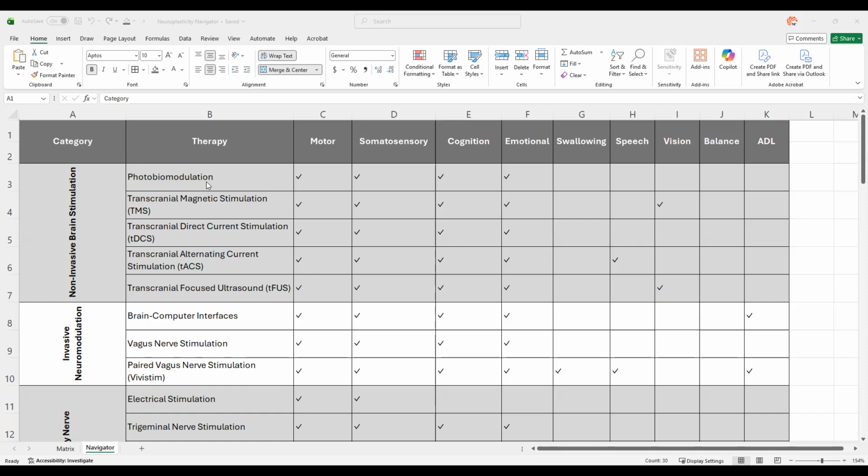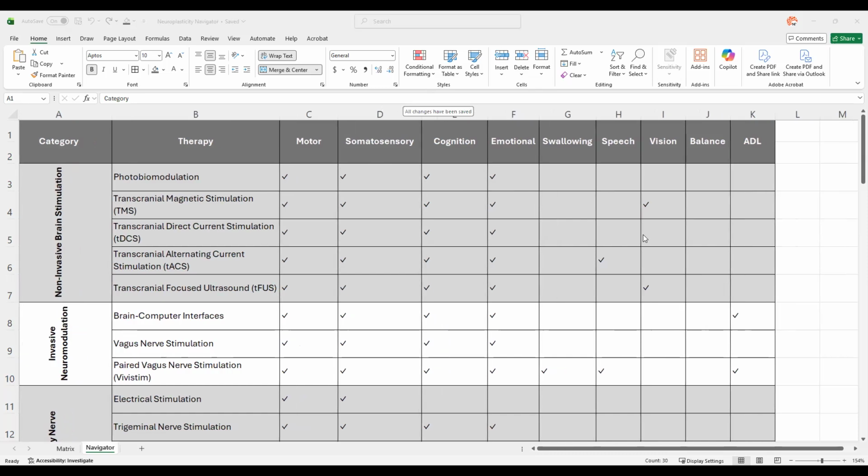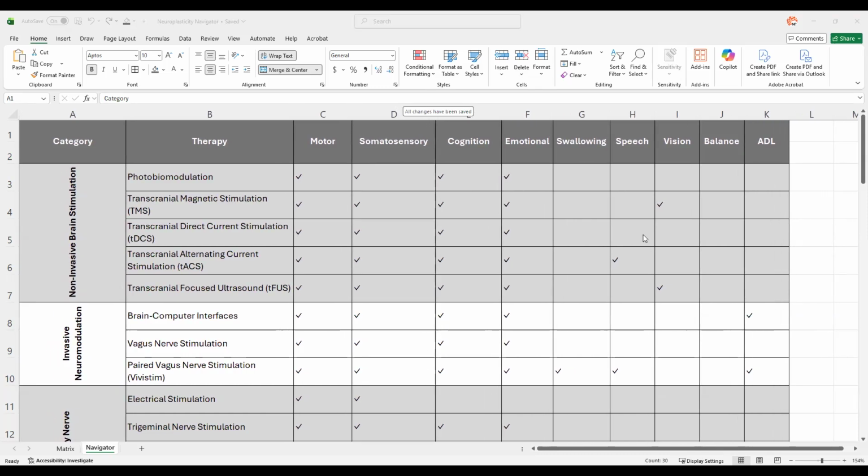I think the flexibility is fantastic, but it can also be a little overwhelming when you're trying to figure out where to go. This is another reason why our follow-on sessions are very helpful, because this will get you pointed in the right direction. I'm just going to explain how the spreadsheet works, and then you can go into it and figure out where you are and what challenges you have. We've broken down the therapies by category.